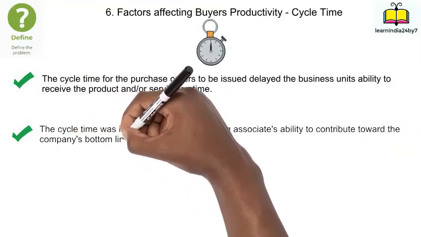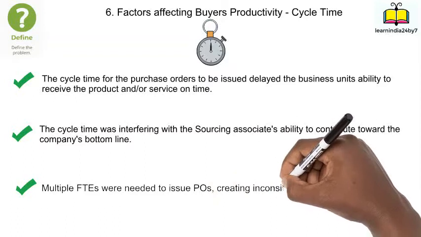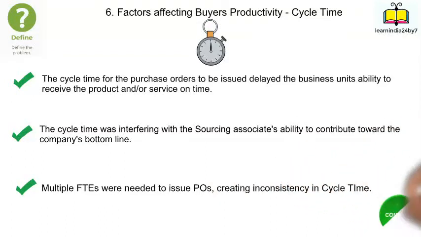So the cycle time was interfering with sourcing associates' ability to contribute towards the company's bottom line, and multiple FTEs were needed to issue purchase orders, creating inconsistency in cycle time.